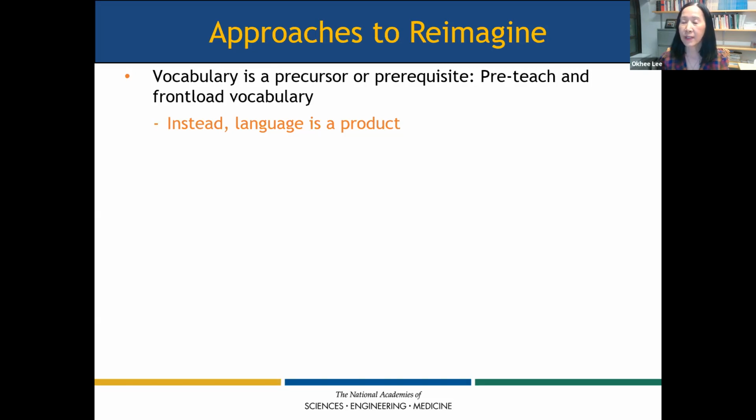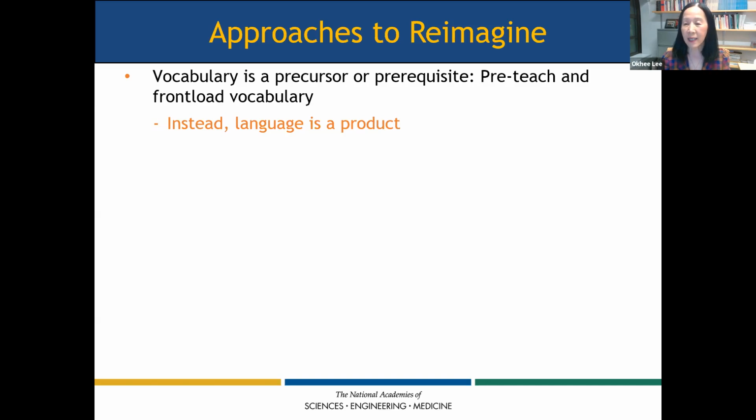And I don't even go to the content areas. Instead, the contemporary thinking is that language is a product: you come to the science classroom, you use any means of communication, you do science, and by doing science, you learn language to communicate your ideas. So you learn language as a product. It is not a prerequisite, and we don't do pre-teaching and front-loading.